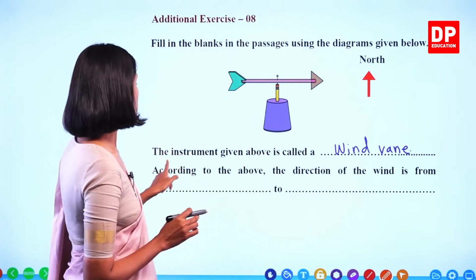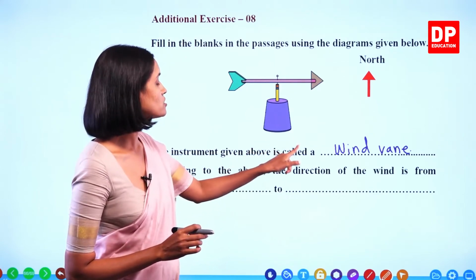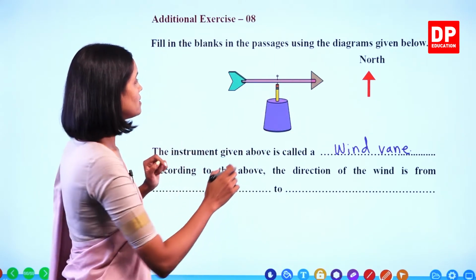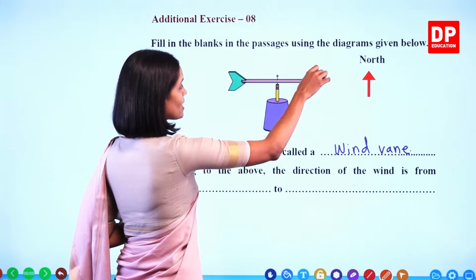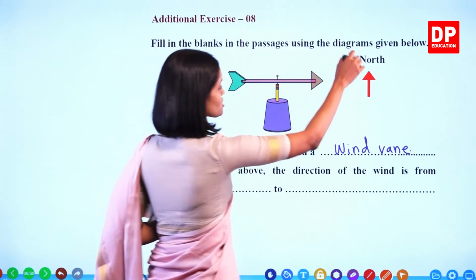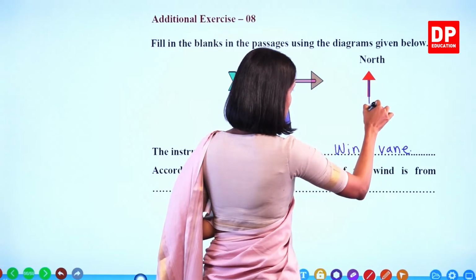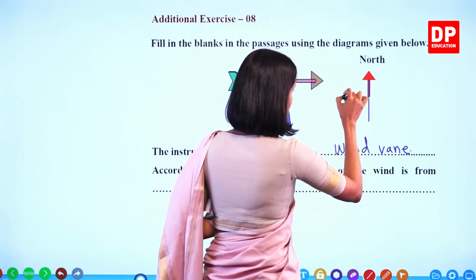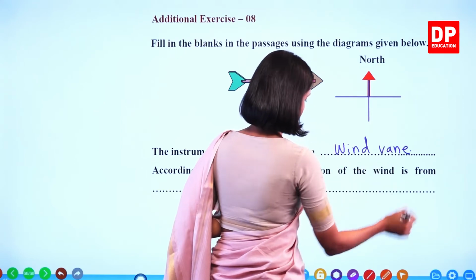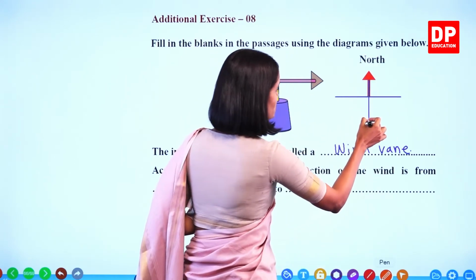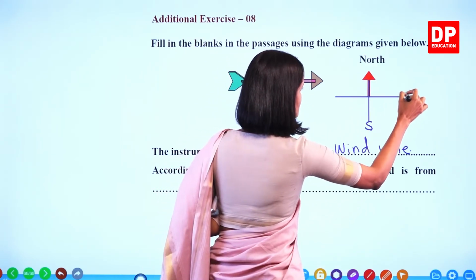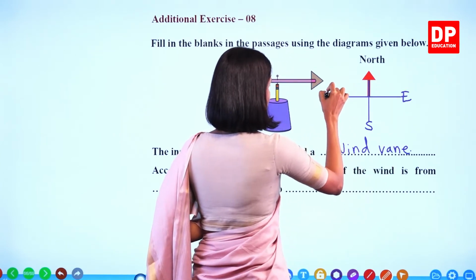Right? According to the above, the direction of the wind is, now here, look at to which direction the arrowhead is pointed. Now this is north. Now we all know that north, south, west and east. If this is north, this is south, this is east and this is west.